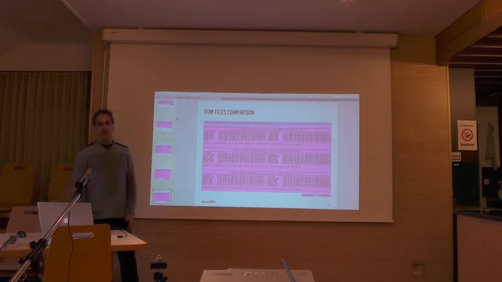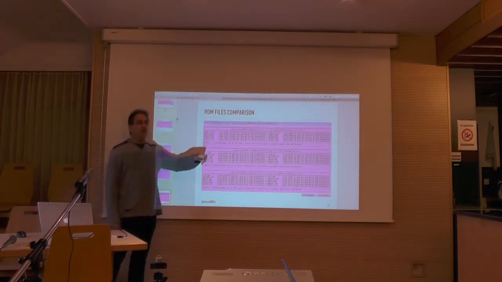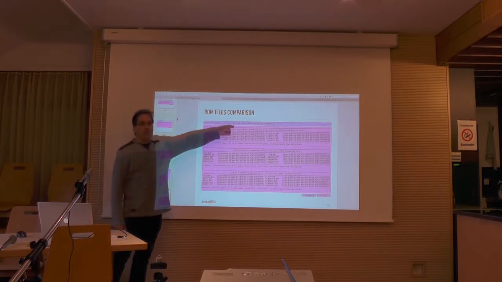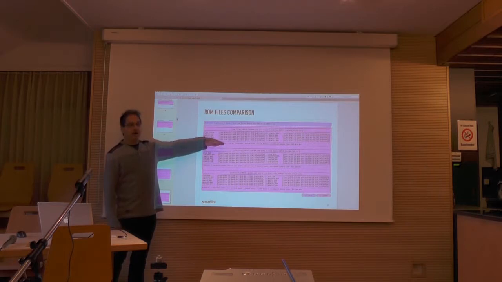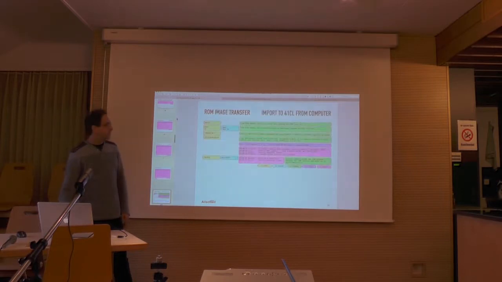That cuts the time by more than half. But in order to do that, you need to do a diff before. You query the 41CL for which version you have, and based on that you fetch the right ROM, do a diff, and then you know what is not good, and then you tag and do the update. So the diff is handy, but if you do an automatic update without anything, it's useless, you don't need it.